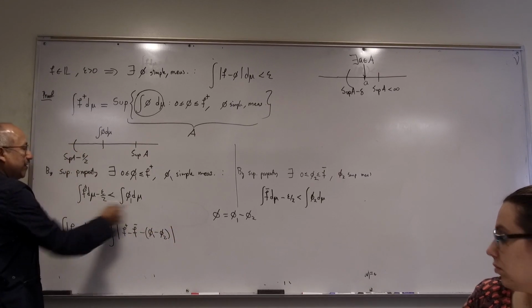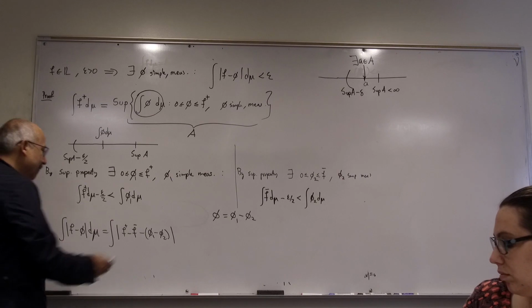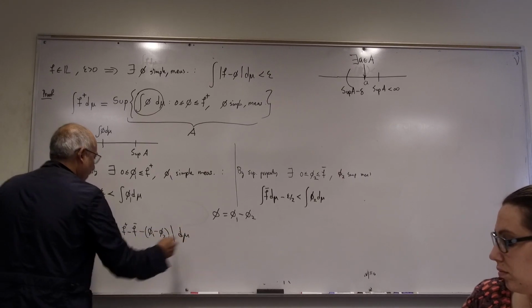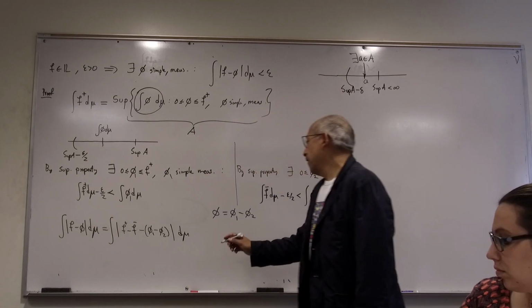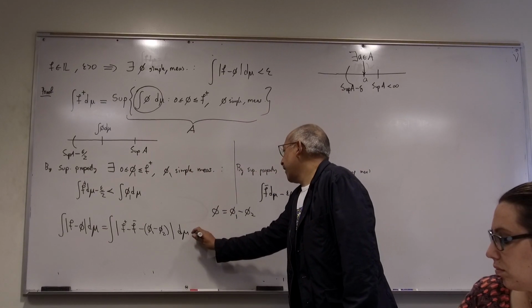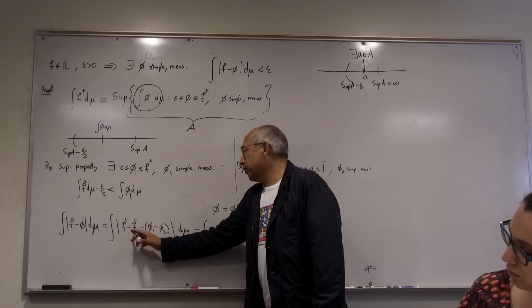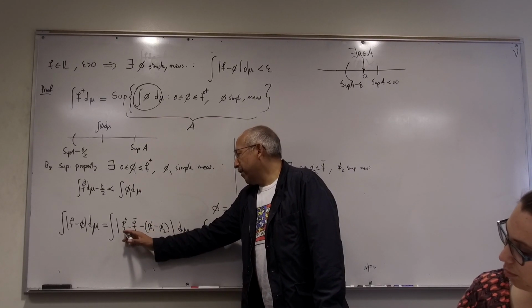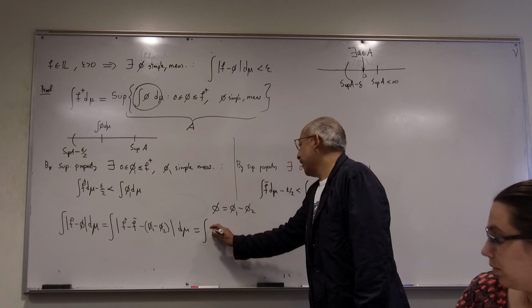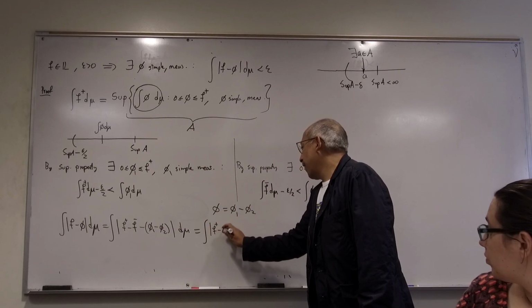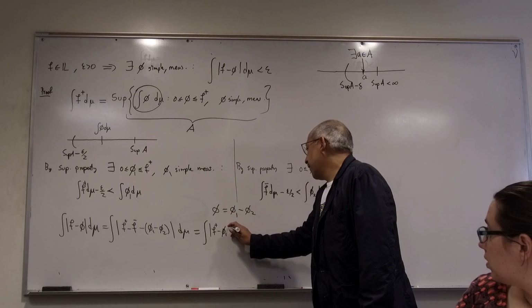And we're going to use these pieces. You see what I mean, guys? d mu. And so let's group them together. So this is the same as, I'm going to associate which one with which one, guys? f plus minus phi_1, right?